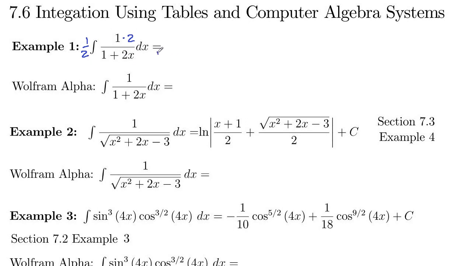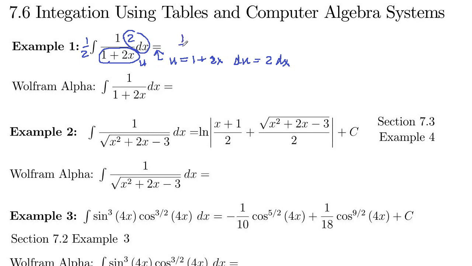So then I could let u equal 1 plus 2x, so that my du would just be 2 dx. So here's my 2 dx on the top, and here's my u in the denominator.